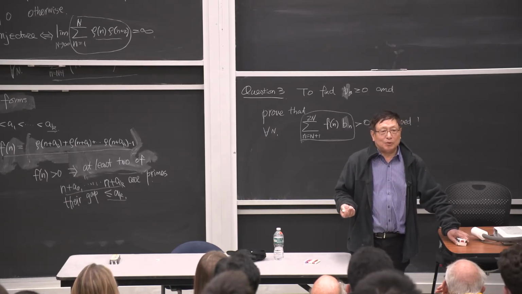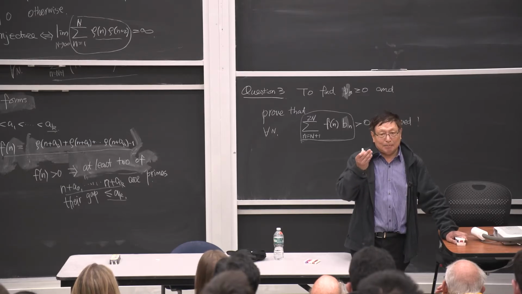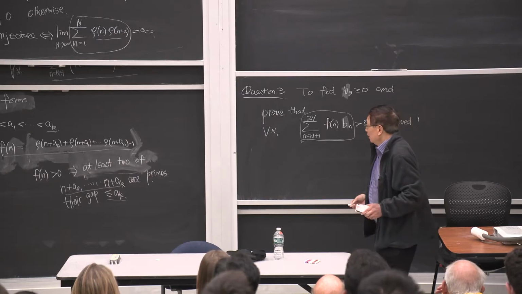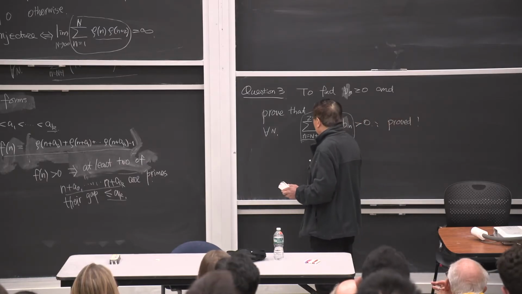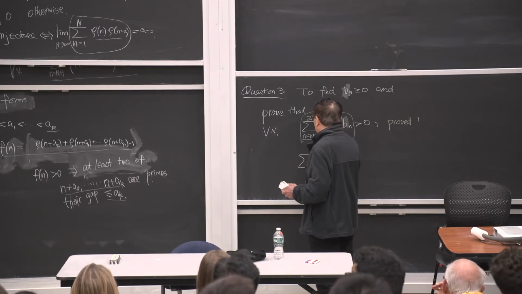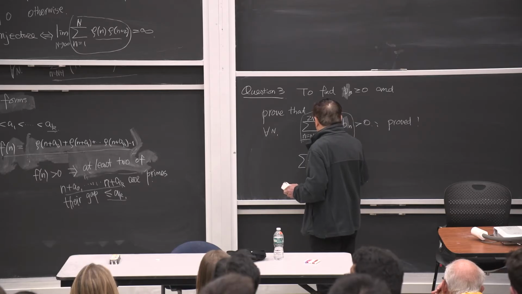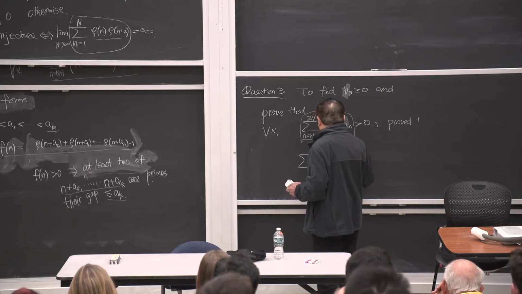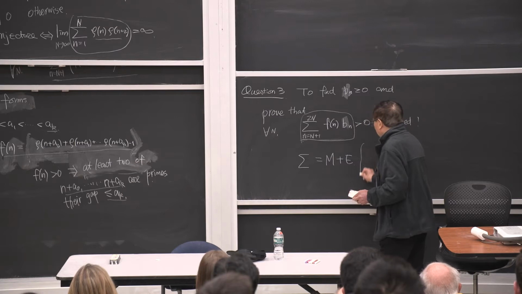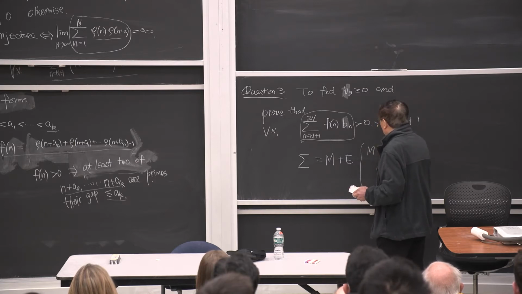First, we should be able to find a main term. So in analytical number theory, usually the sum is equal to M plus E. Here the capital M is called the so-called main term.